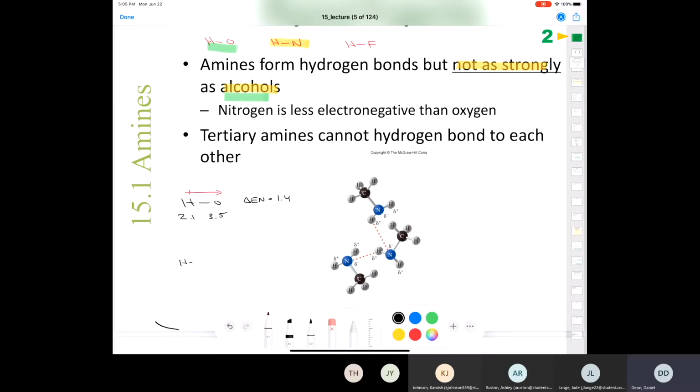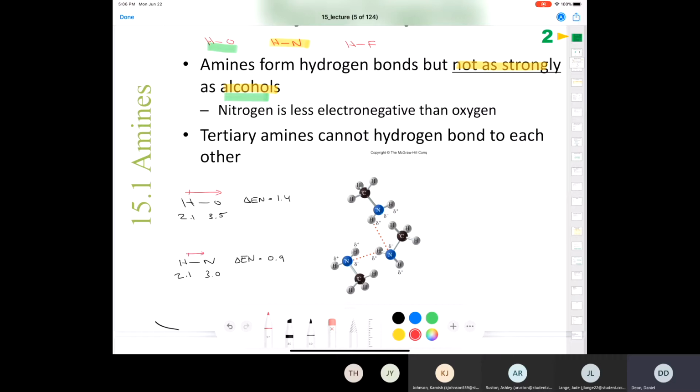But if we look at the bond between hydrogen and nitrogen, hydrogen has an electronegativity of 2.1 and nitrogen is 3.0, and therefore our delta EN is smaller. So that dipole is not going to be as strong. And I said there's a variety of ways you could represent that. I'll just put a smaller dipole, okay? Just not quite as big.